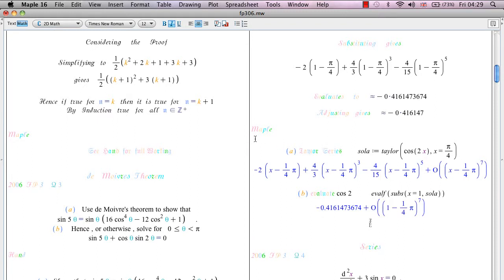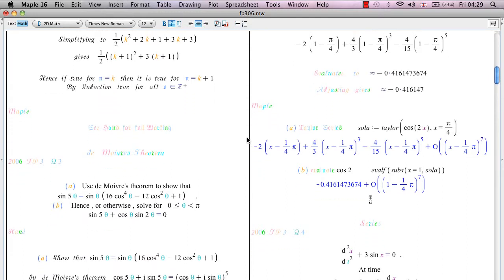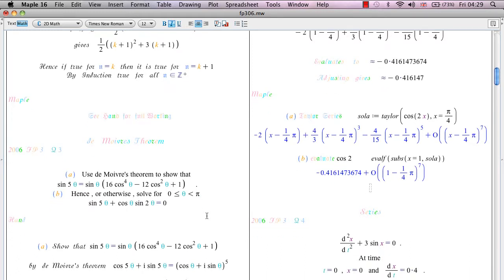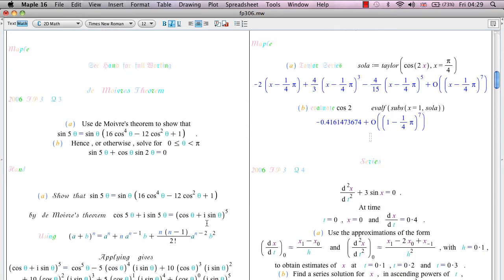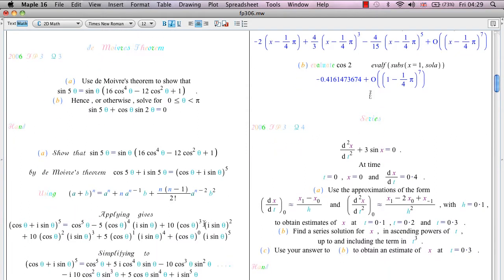Question 3, De Moivre's theorem to prove sin 5 theta is this expression in A, and to solve the equation in B. For part A, De Moivre's theorem states cos 5 theta plus i sin 5 theta is cos theta plus i sin theta to the power 5.